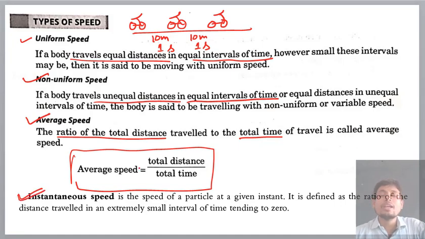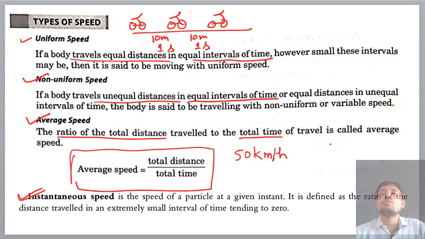Now, instantaneous speed. Firstly, take one example. Suppose the average speed is 50 km per hour. Then it doesn't mean that you have moved with 50 km per hour constantly all over the journey.